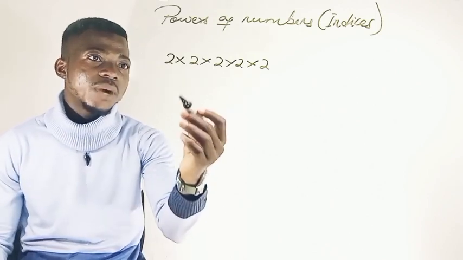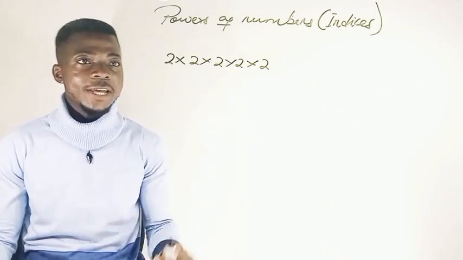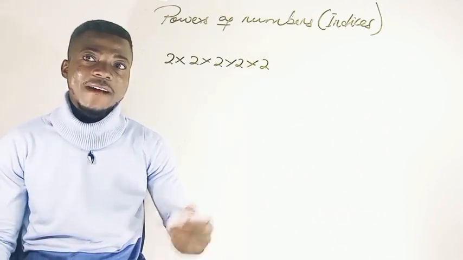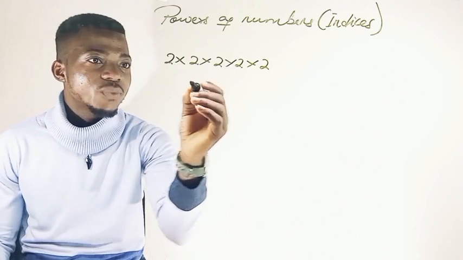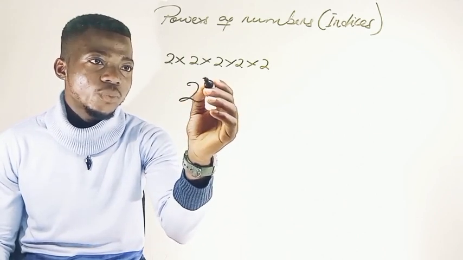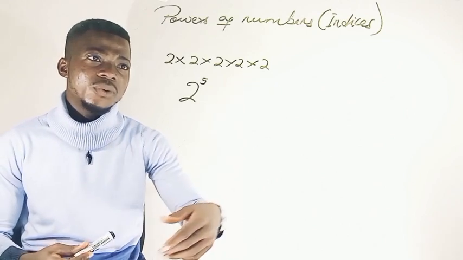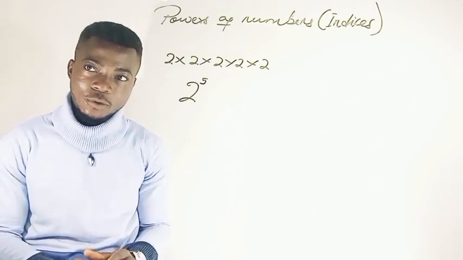We count the number of 2's that we have here: 1, 2, 3, 4, 5. So 5 of the 2's. This can be written as 2 exponent 5. So these numbers have been written in index form.